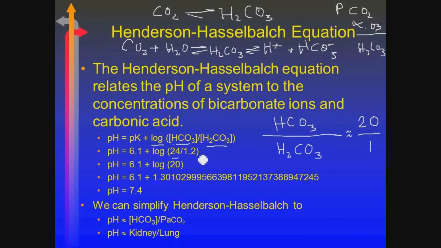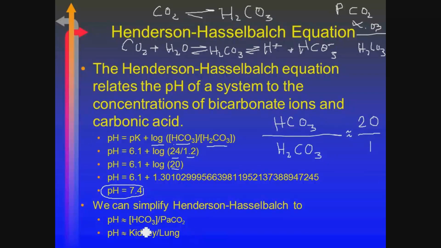Take that 40, multiply it by that 0.03, and I end up with 1.2. 24 divided by 1.2, 20. There's my 20 to 1 ratio. I then determine the log of that, add it to this thing called pK, and I end up with a pH of 7.4, normal pH.